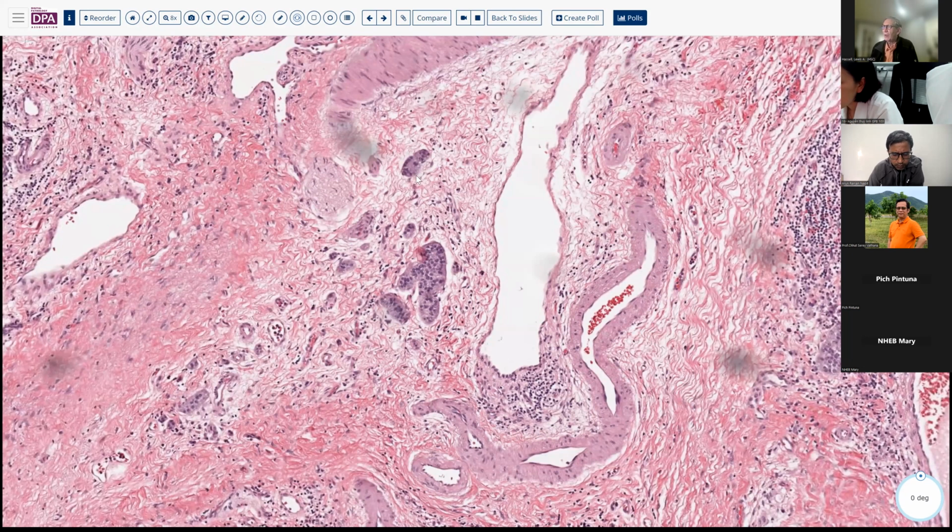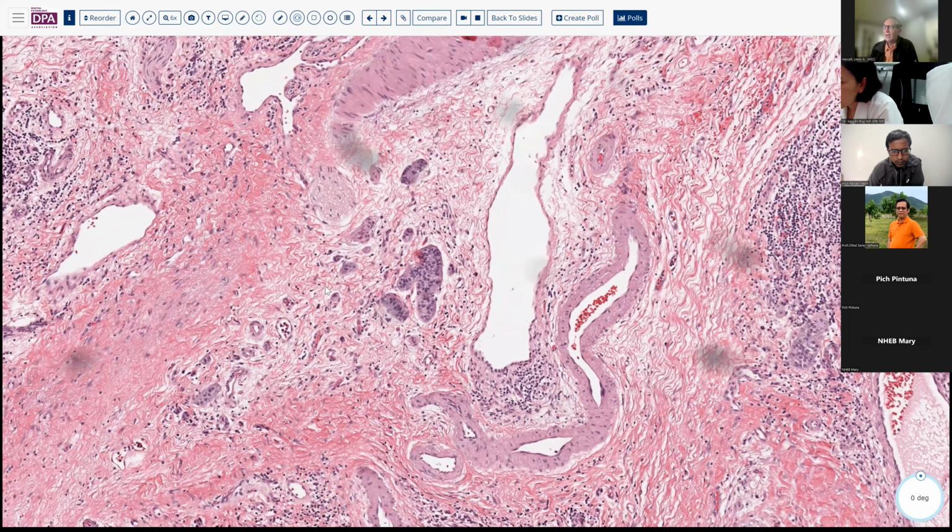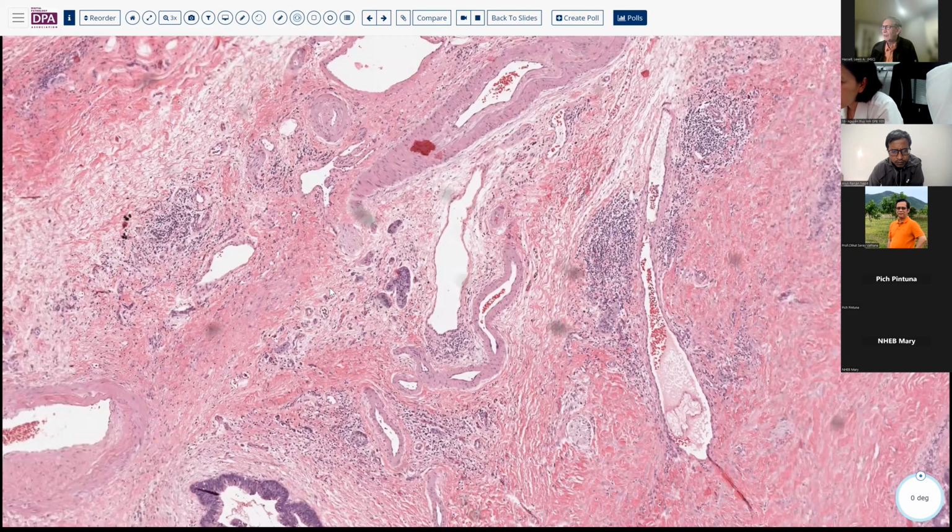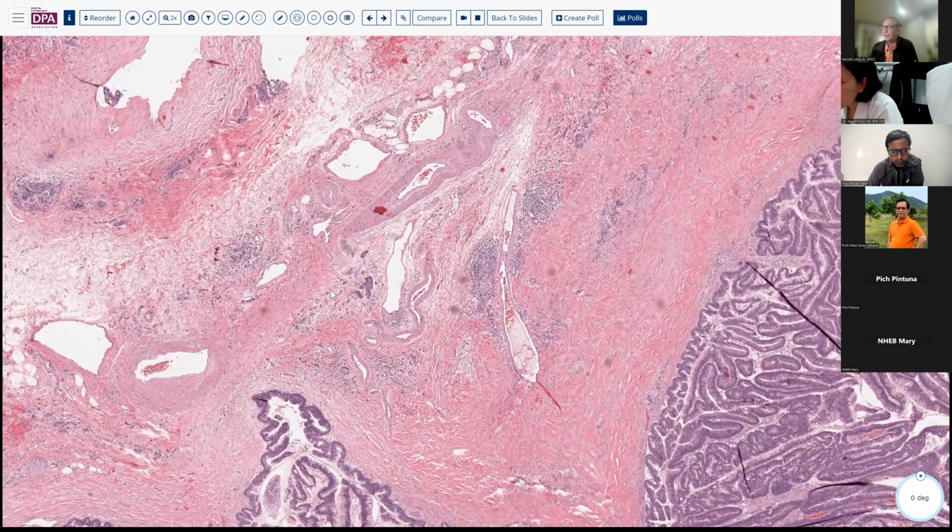This is not an area where we should find residual lobular pancreatic acini. And so considering this as potentially an invasive component would be the most viable interpretation in this case.